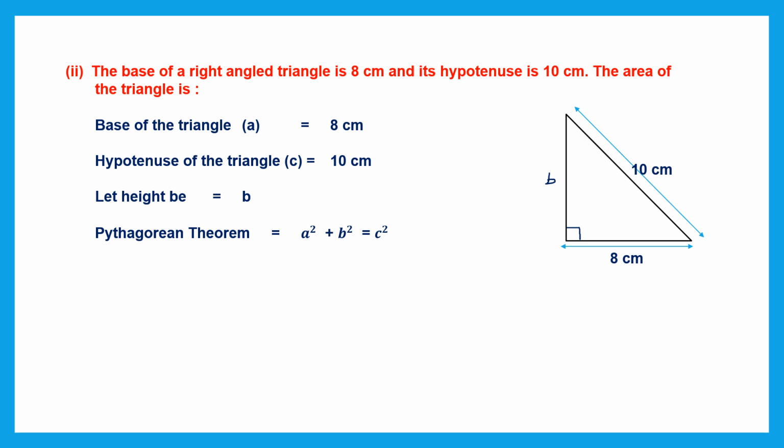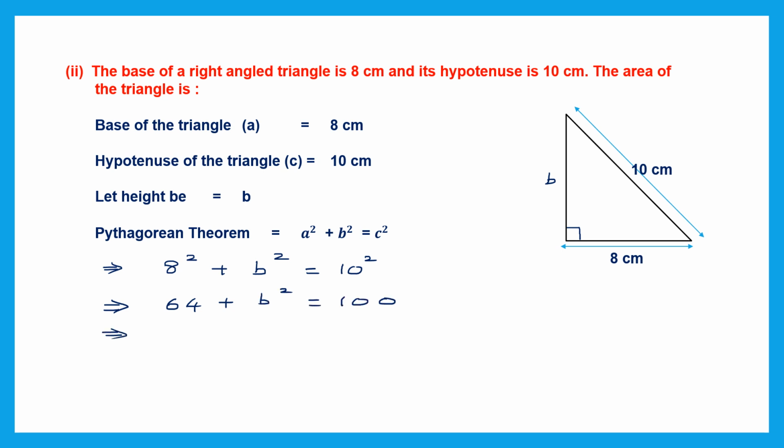So a square, again this is an equation. Now a square is 8 square, plus b square, we don't know, so we are writing it as b square, is equal to c square, that is 10 square. C is the hypotenuse. Now let's simplify this and find the value of b square. So 8 square is 8 8s are 64, plus b square is 10 10s are 100.